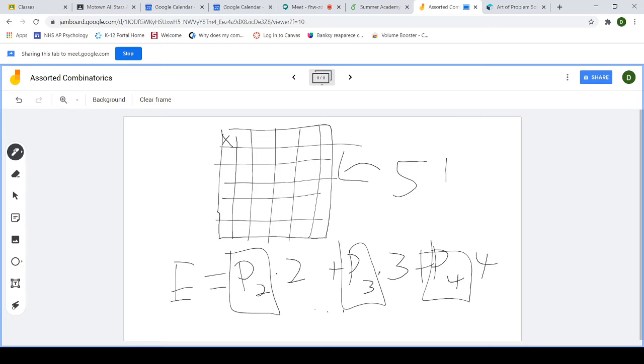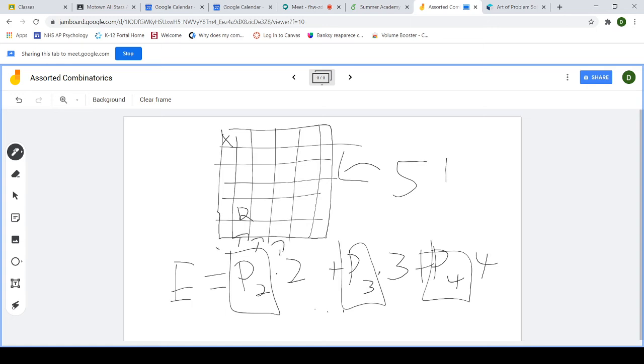For a problem like this where no rook can be in the same row or column, there's n factorial ways to do it if it's an n by n square. You can figure that out by going column by column.